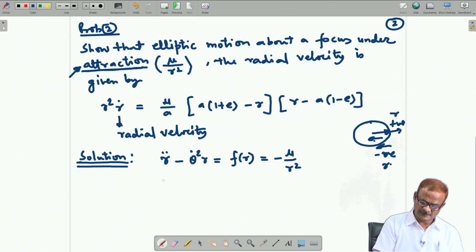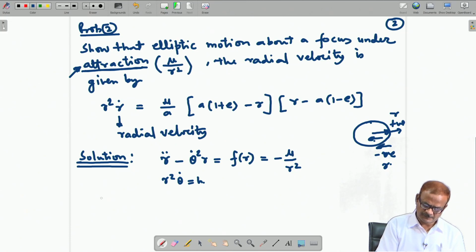And another equation we have: r square theta dot equal to h. So, we insert this in the upper equation.